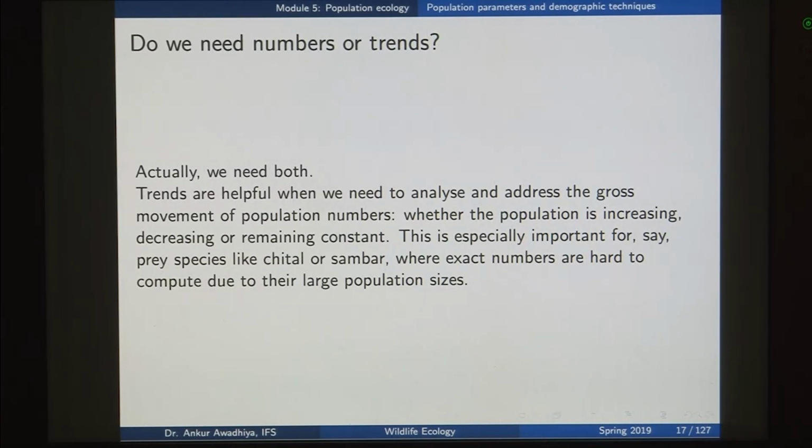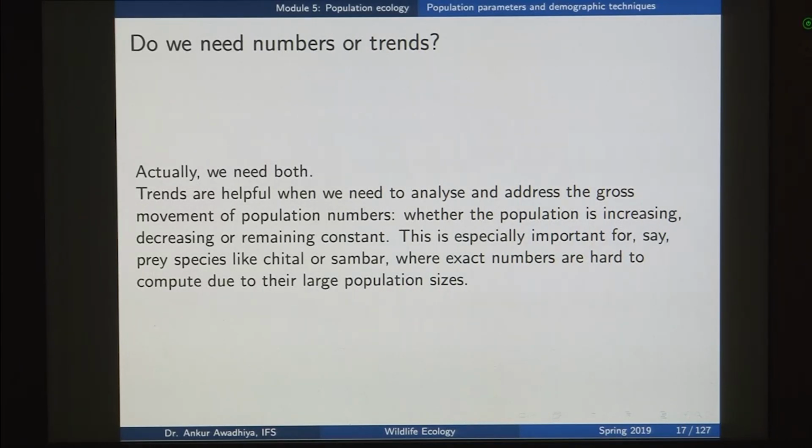Trends are helpful when we need to analyze and address the gross movement of population numbers, whether the population is increasing, decreasing or remaining constant, and this is especially important for prey species such as cheetal or sambar, where exact numbers are hard to compute due to their large population sizes.